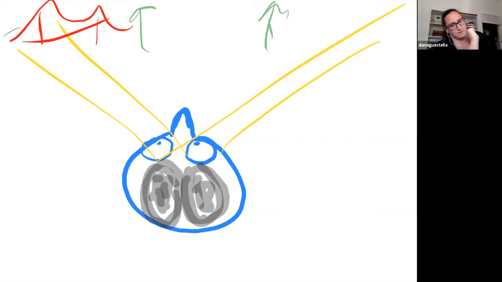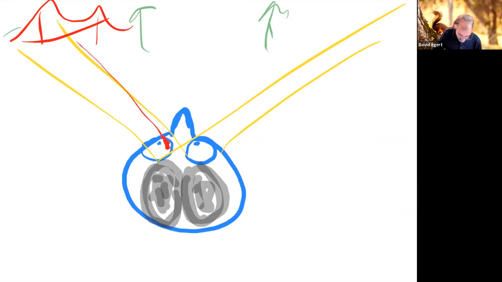Your visual cortex. And where is that located? On your occipital lobe. Yes, that's on the occipital lobe. So what happens is this side of the world is landing on one side of both eyes.